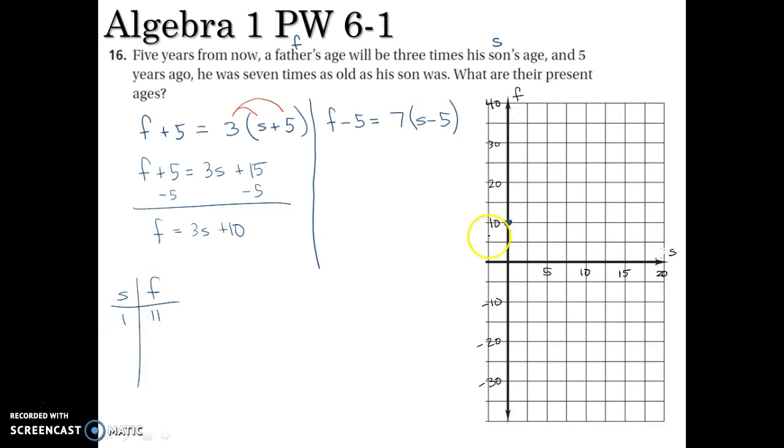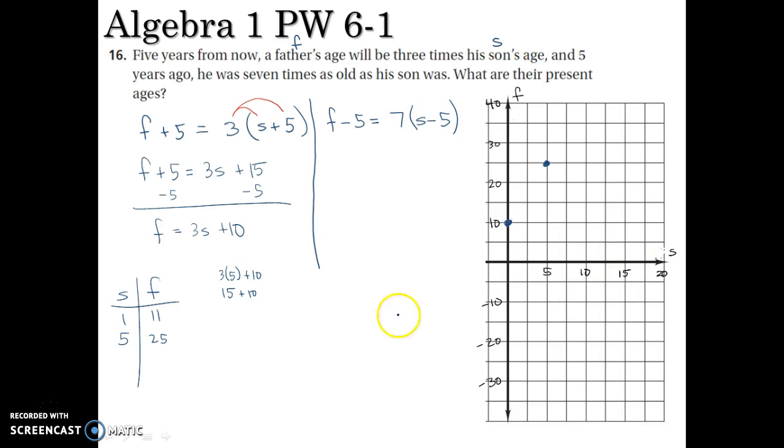But here I'm counting by 5s and 10s. So if I put a 5 for S, then I would be doing 3 times 5 plus 10, that's 15 plus 10, that's 25. Is 5, 25 a good point? Over 5, up 25. Hey, right there, that's a nice little point to put in.